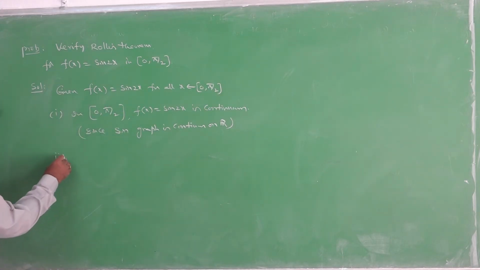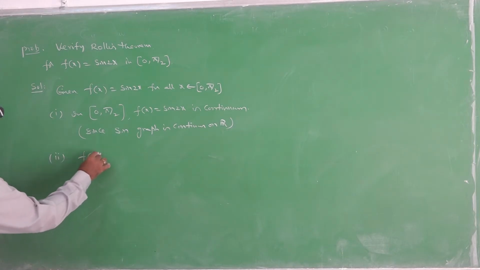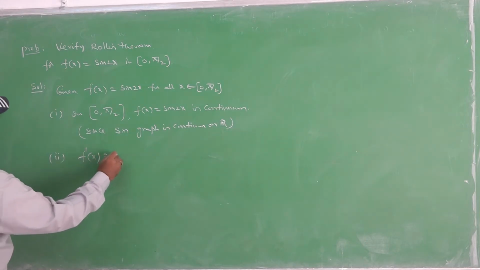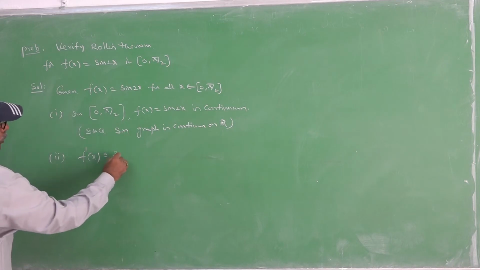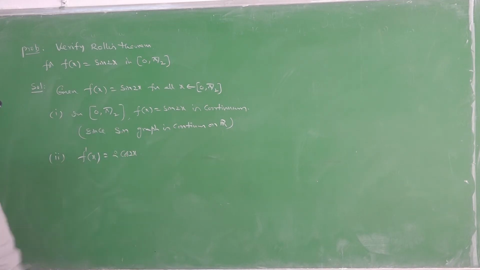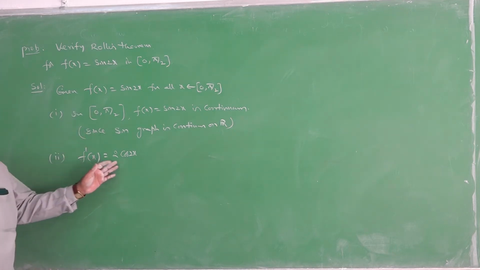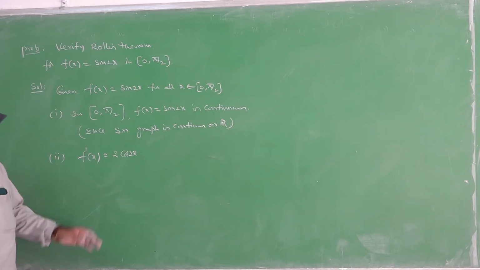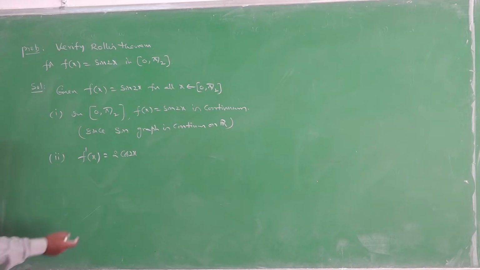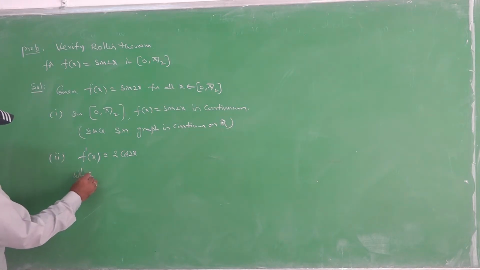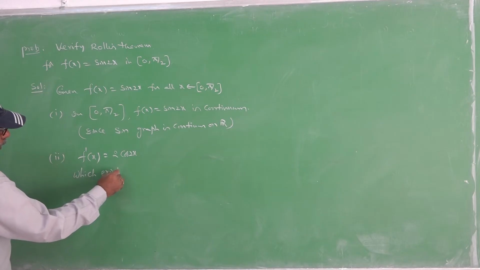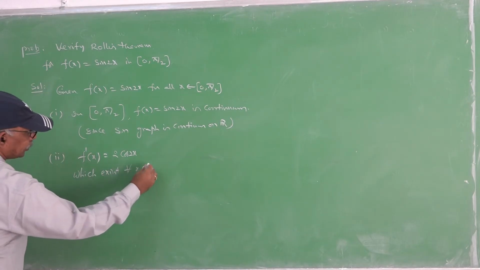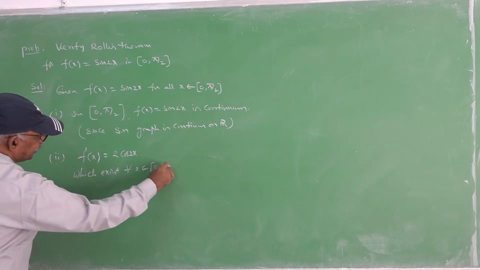And then second one, f dash x. For sine 2x, the derivative is 2 cos 2x. f(x) equal to sine 2x, f dash x equal to 2 cos 2x. It is the derivative of the function, which exists for all x that belongs to [0, pi/2].